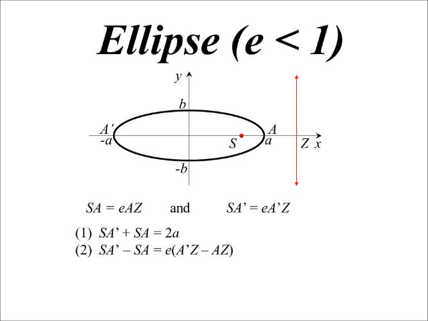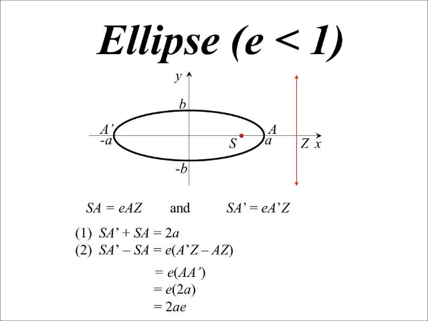If I was to go SA dash minus SA, well, SA dash we said was eccentricity times A dash Z, minus eccentricity times AZ. Well, A dash Z minus AZ would also be the distance from A dash to A, which is 2a.